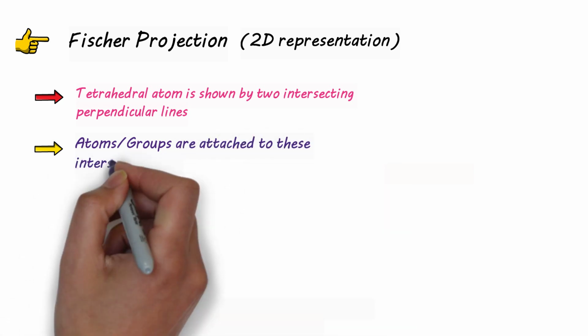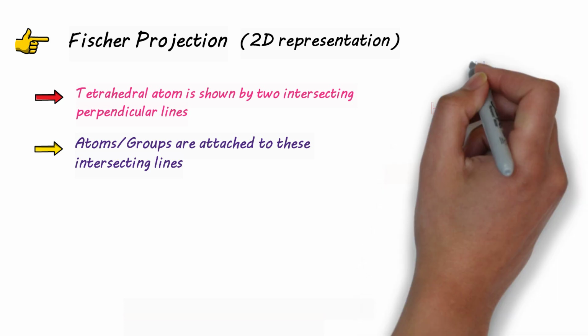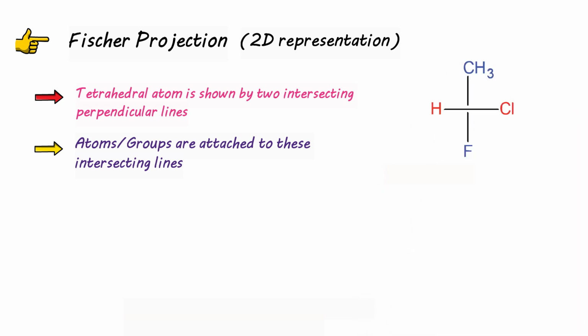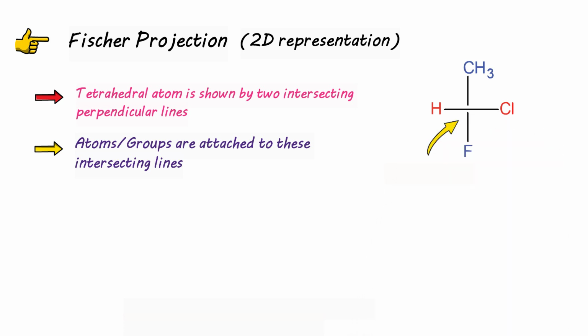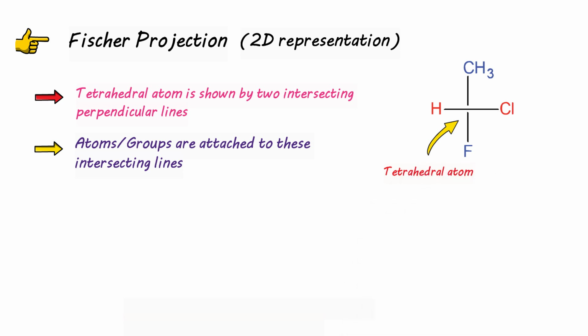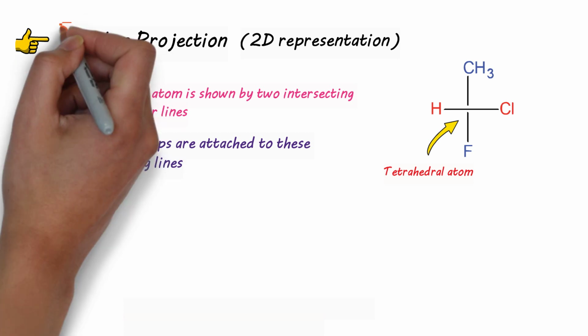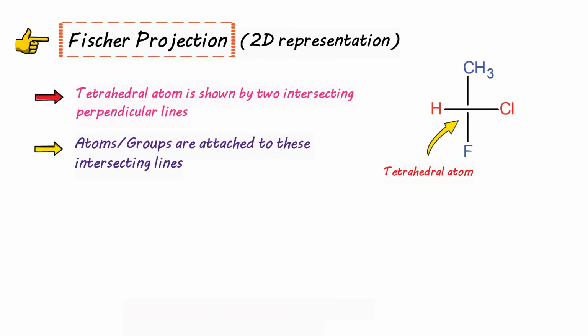For example, we have this molecule in which we have 4 groups attached to it. That's methyl, chlorine, fluorine and hydrogen. The cross center is basically a tetrahedral atom which is shown by 2 perpendicular lines, and this kind of representation is called Fischer projection.